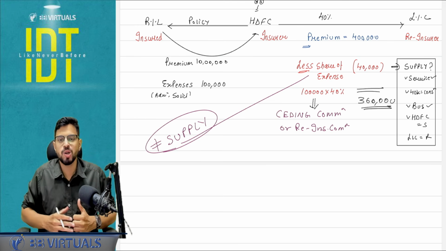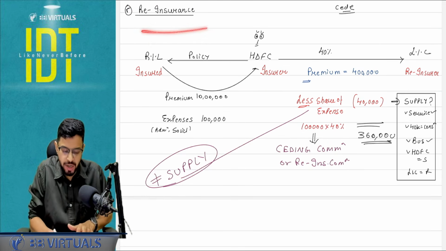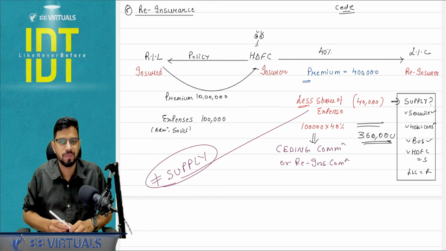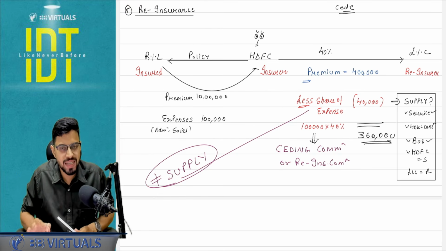Now my last question to you guys before going to the legal reading of para 9 and para 10. In this particular reinsurance case, in this example, can you tell me the total GST involved?